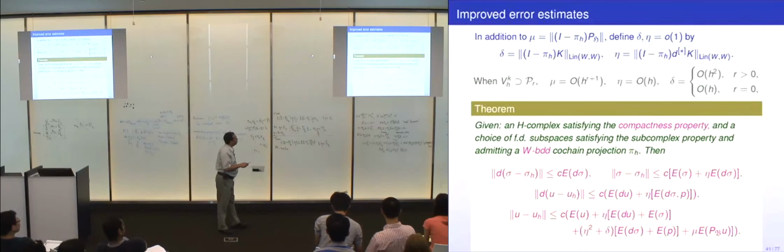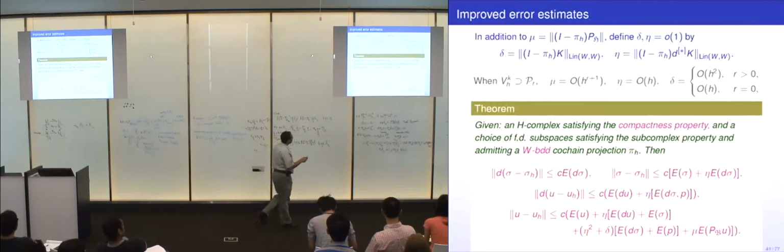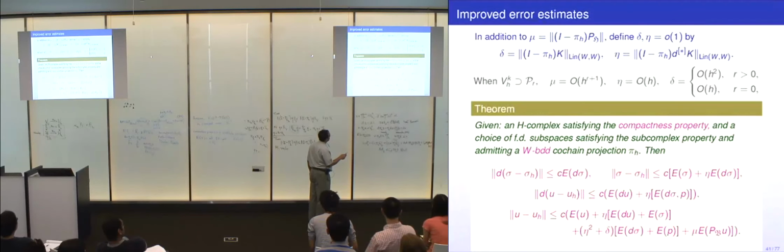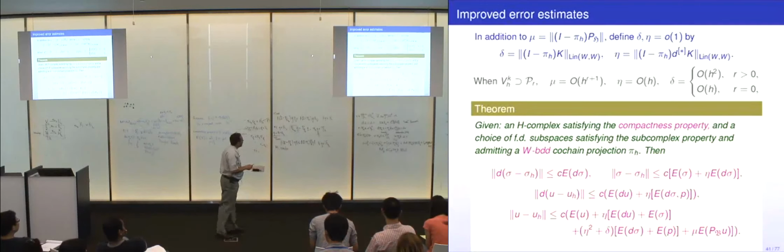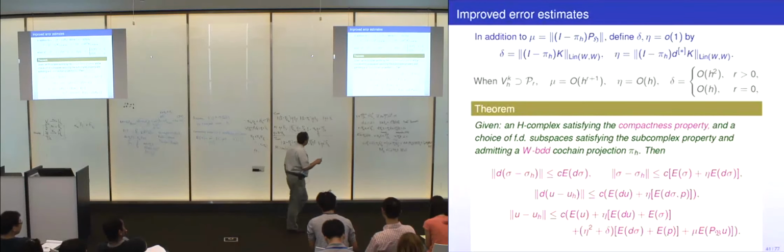Next, you look at du, and you find that du is best approximation of du, plus these two previous things we saw, best approximation of d sigma, which is probably worse, but you get an extra eta in front of it, and also best approximation of p, which should be no trouble at all, and then you even get an extra eta. Then u is the most complicated one.